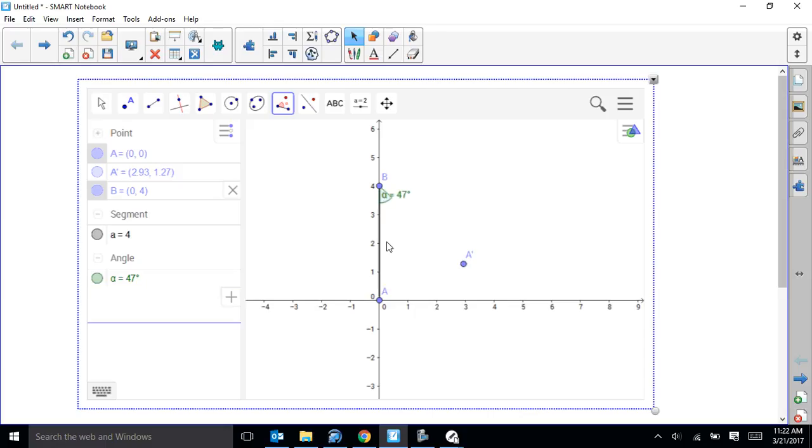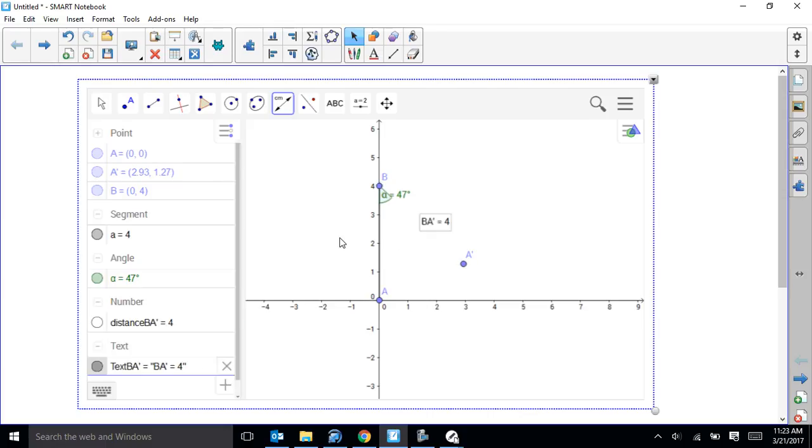All right, so I have my angle, 47 degrees. So now I'm going to do, and I think I can make it connect, but I don't know how.